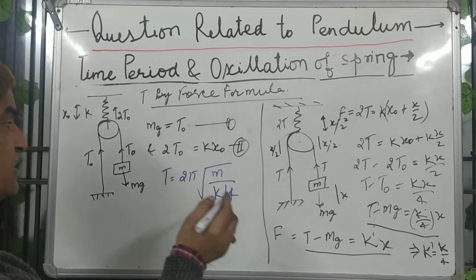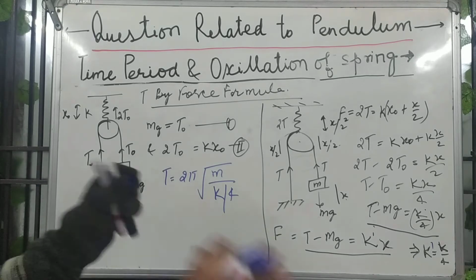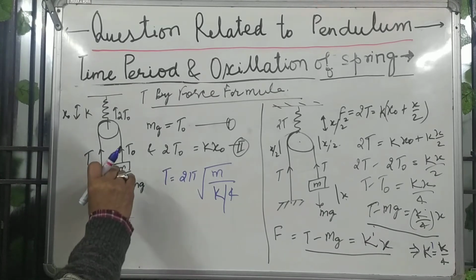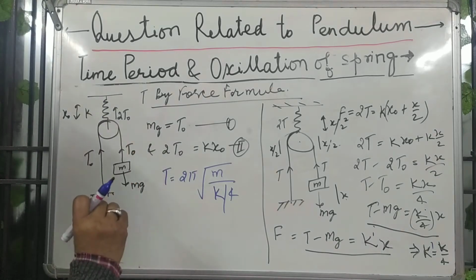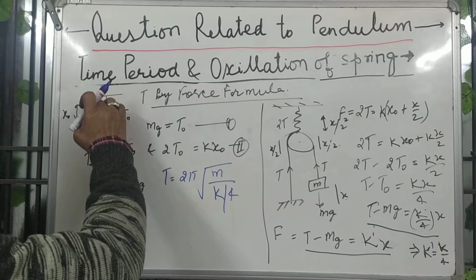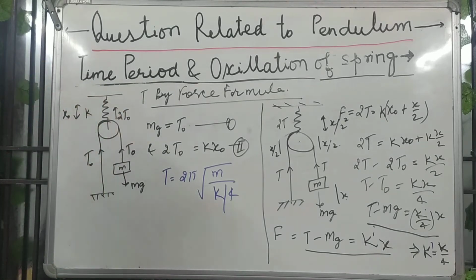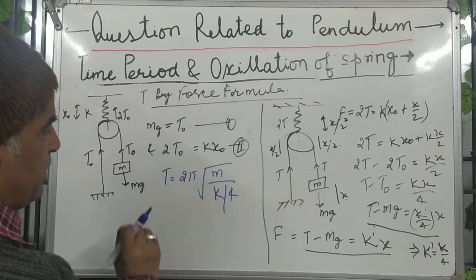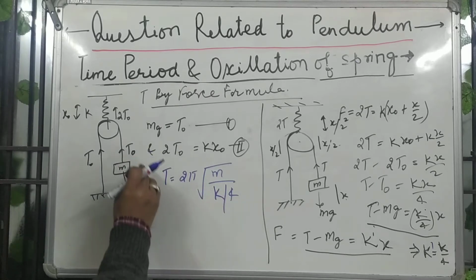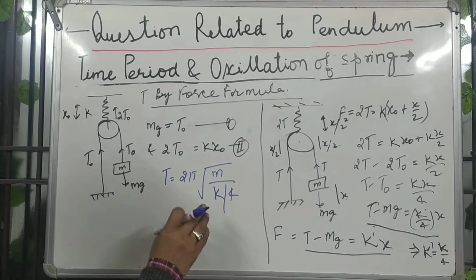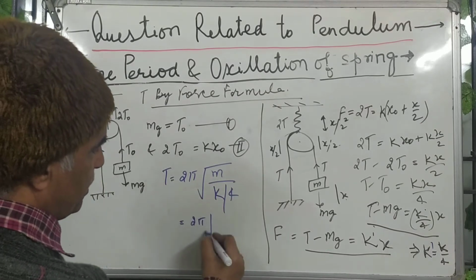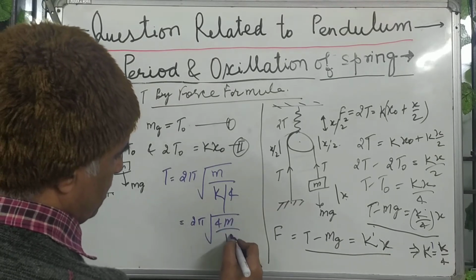K by 4 is the restoring force constant, the force constant for this oscillation, for the mass m, and k is the spring constant of the spring. So k dash is the force constant of this body, equal to k by 4, where k is the spring constant. And this is the answer. You may write 2 pi square root of 4m by k.